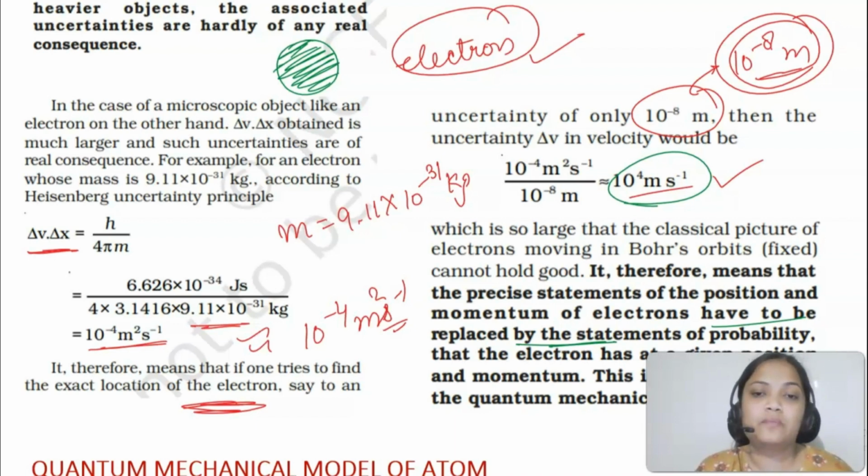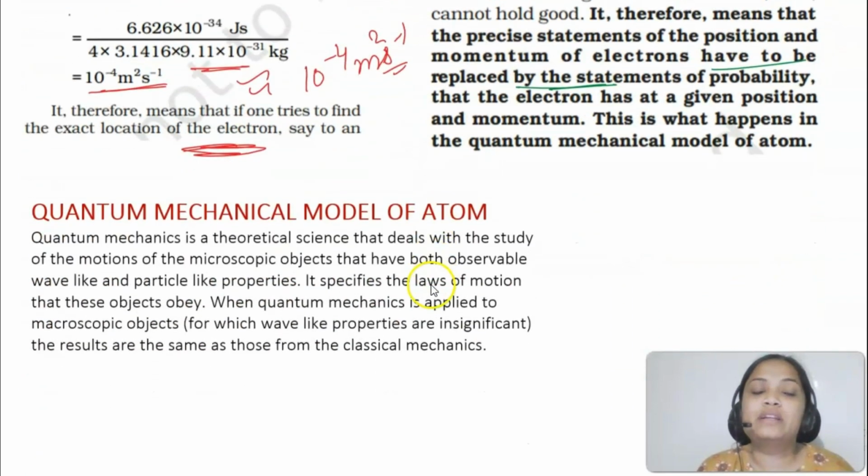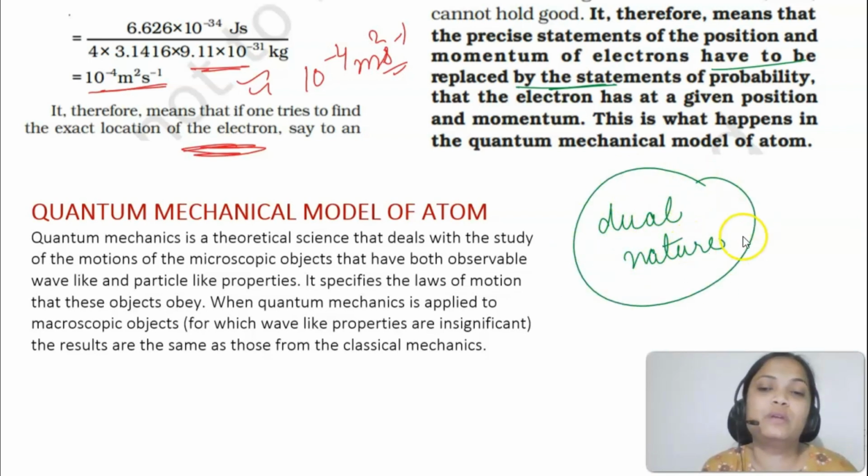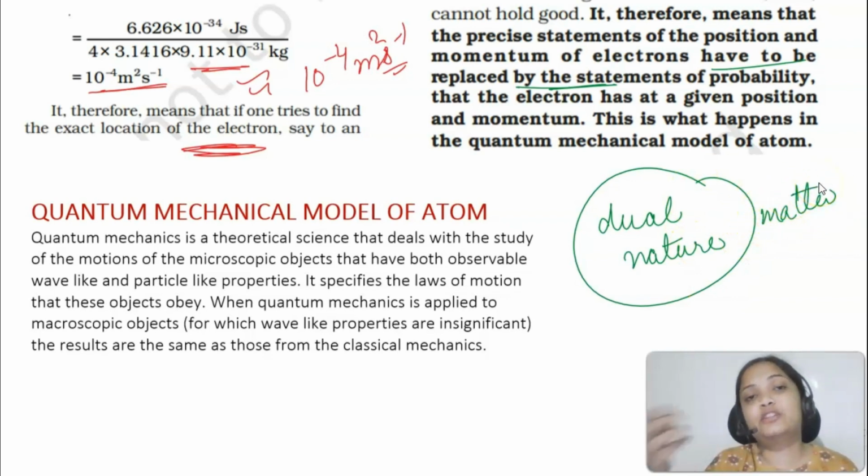So this is what we are going to talk about in the quantum mechanical model of the atom, that is about the probability. Quantum mechanics is the one which takes into consideration the dual nature of matter. So that's what is quantum mechanics.